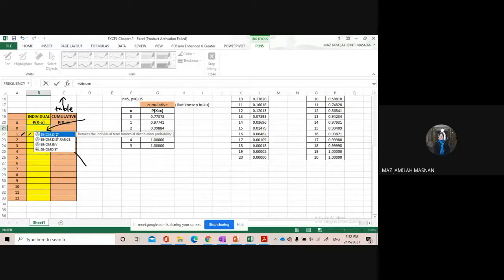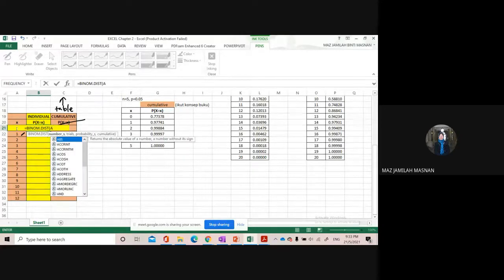When we double click it, there will be some values that you need to put in. Number refers to the x value that you are referring to. In that case, our x value is 0, which is at A21. So we just type A21.